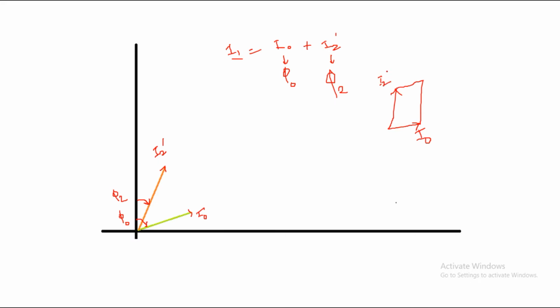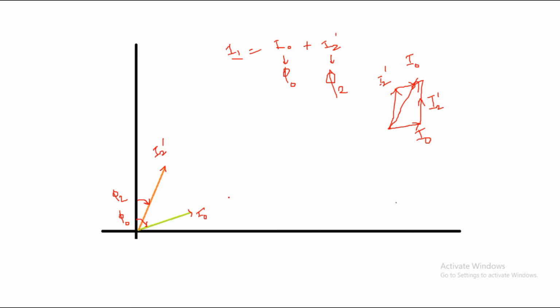So if you apply the parallelogram law, this line is going to be I2 dash, and this is going to be I0. Opposite sides are equal, and if you consider the phase angle with any one reference axis, I2 dash is going to have the same angle. For finding the resultant, the diagonal of the parallelogram is going to be the resultant value.